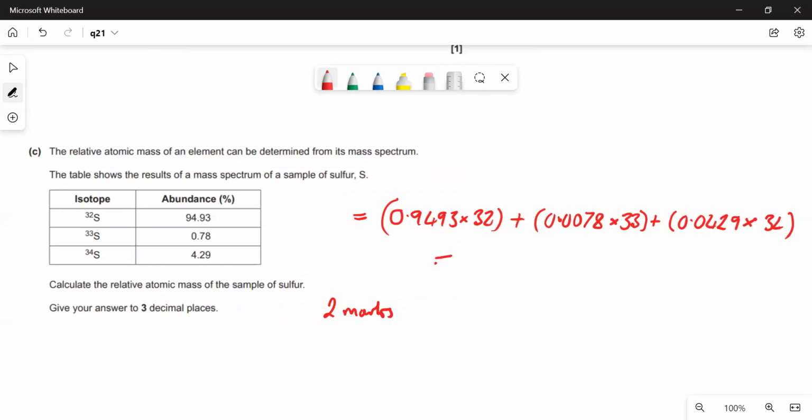Do that lot on your calculator and you get 32.0936. But it does ask us to give it to 2 decimal places. So we should change that to 32.09 and round the 3 down to a 4.